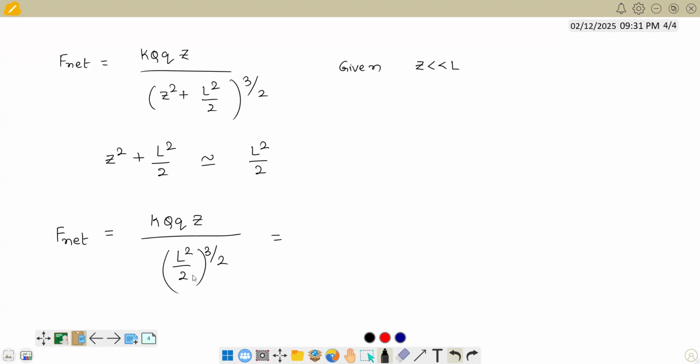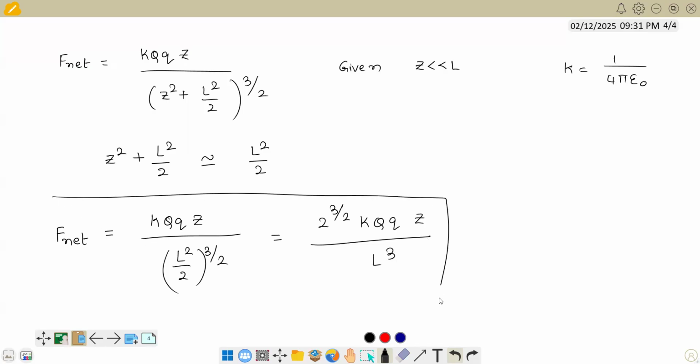If I take 2 power 3 by 2 to the numerator, with k as 1 by 4 pi epsilon naught, we get kQq into z divided by L cube. So the final expression of net force is 2 power 3 by 2 kQq z divided by L cube.